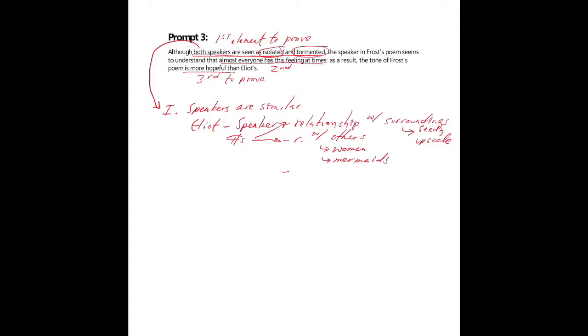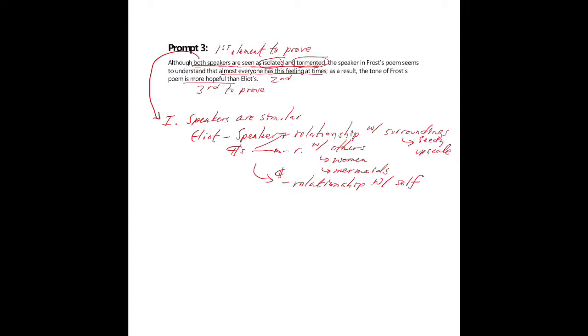You also might want to look at the relationship with self. And so these are all things that could be paragraphs. So even though this is one section to explain how he's isolated and tormented, we can break up that one section into a bunch of different smaller paragraphs.